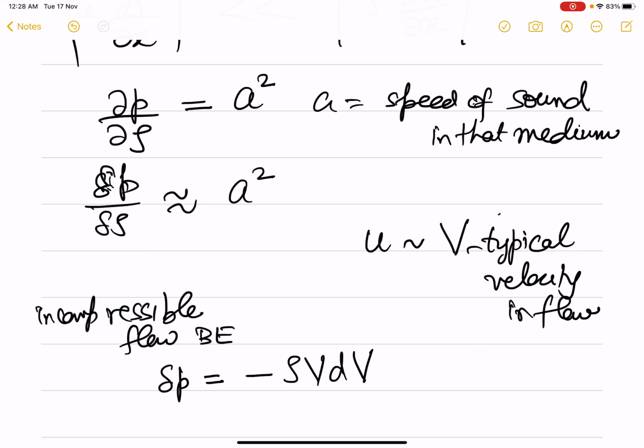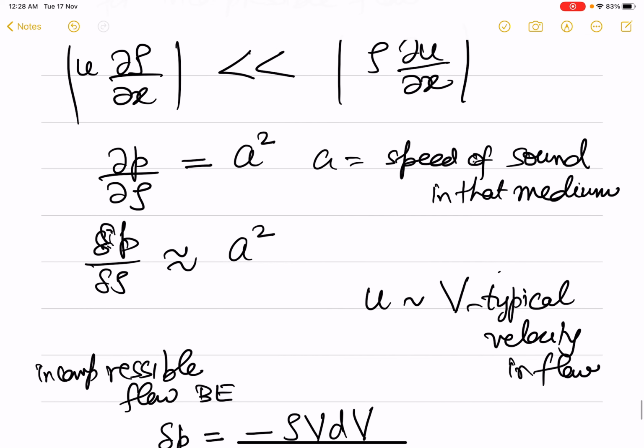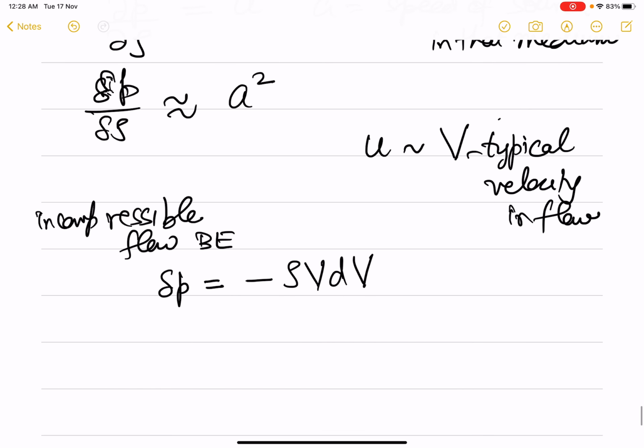So that is where, in differential form, this becomes delta p is equal to minus rho v dv. Okay. So now what we do is, we have this term u d rho by dx.